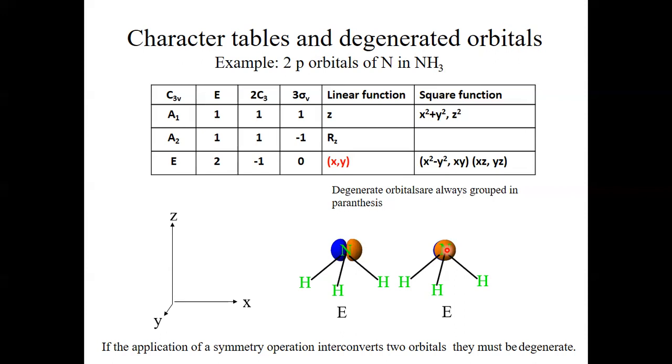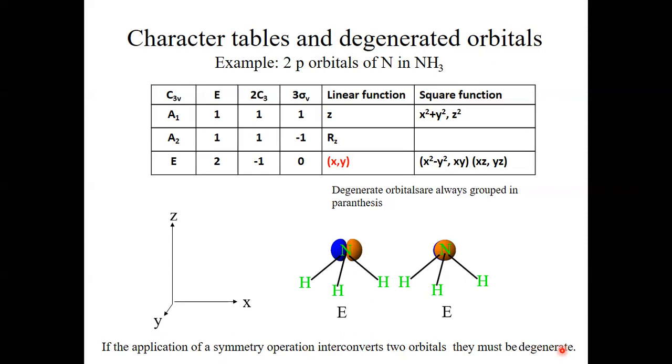So is there nonetheless a way? Of course, the character tables would immediately tell us, but is there a way to say this also by inspection? The answer is yes. We can find this out by applying the following rule, which says that if the application of a symmetry operation interconverts two orbitals, they must be degenerate.